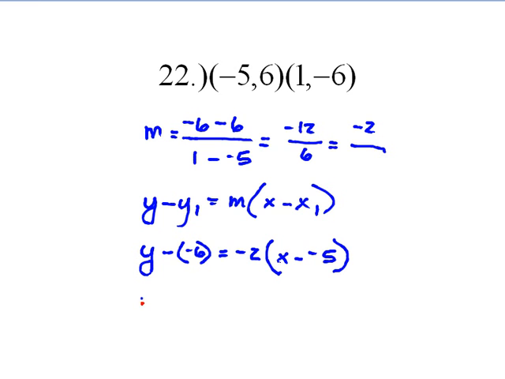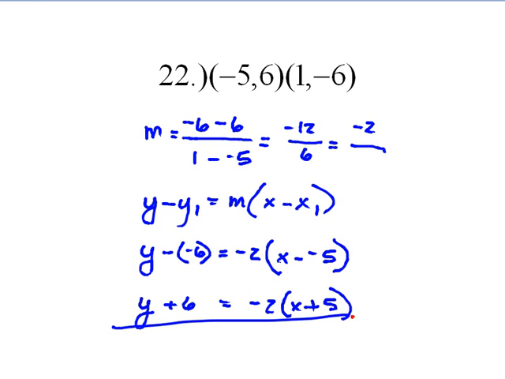Okay, we just have to do a little algebra. That would be y plus 6 equals negative 2 times x plus 5. And you leave it in that formula.